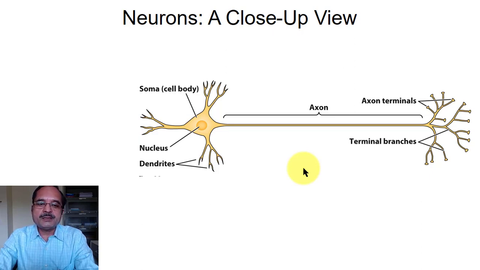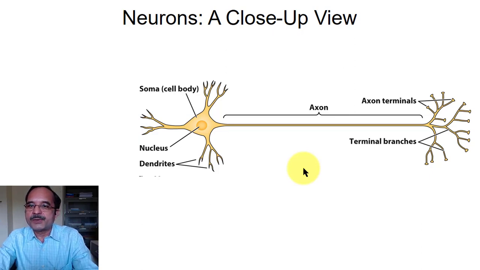So in humans, the axon may be more than a meter long, so it takes only a few milliseconds for action potential to move along its length. An action potential originates at the axon hillock.